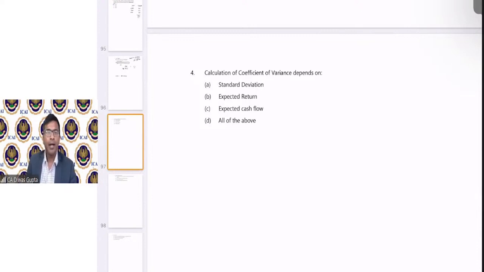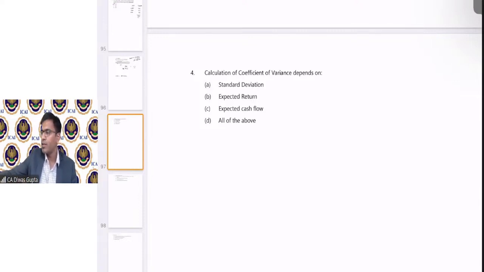I hope every one of you can see this, and I expect every one of you to please answer this, right, with A, B, C, D. So calculation of coefficient of variance depends on what all things? Standard deviation, expected return, expected cash flow, or all of the above.